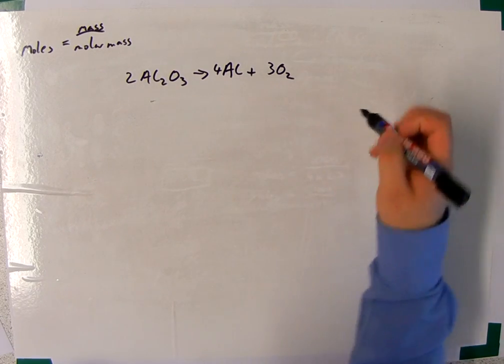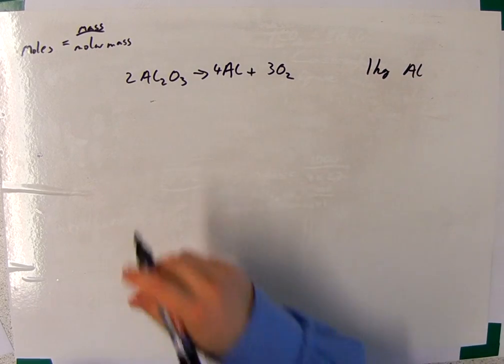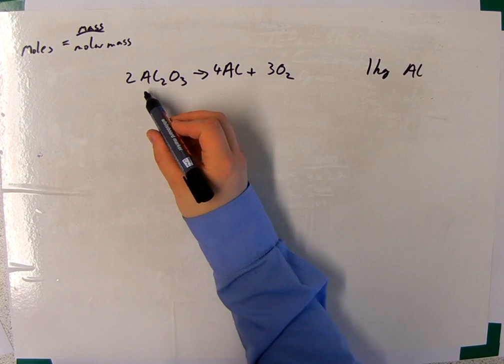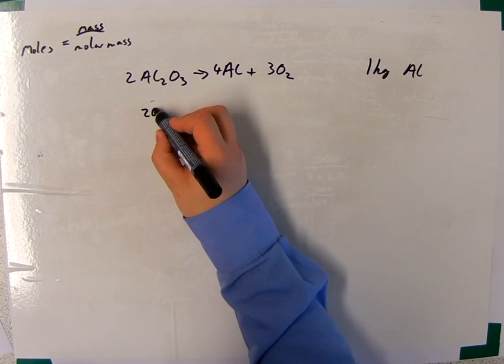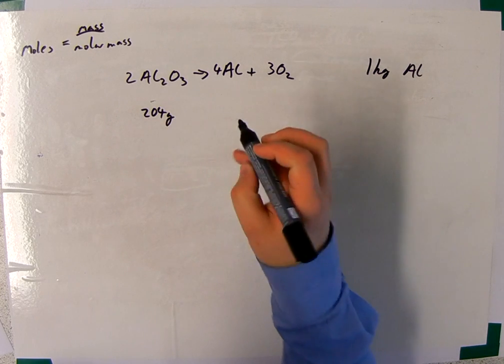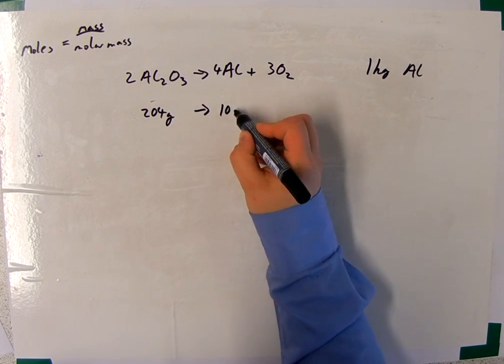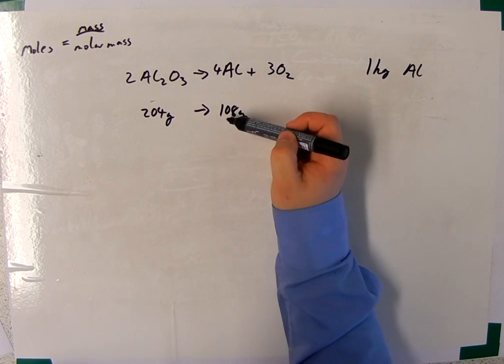We want to know a kilogram of aluminium. Well, let's have a look at these masses. If we work this through, this comes out at 204 grams, gives us 108 grams. That's 2 molar masses here and 4 molar masses here.